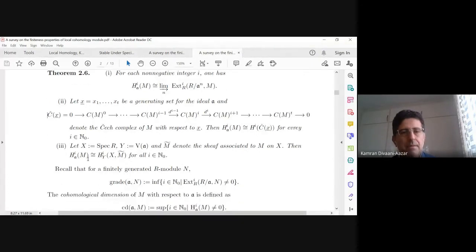And the third one establishes a connection between local cohomology and its counterpart in algebraic geometry.